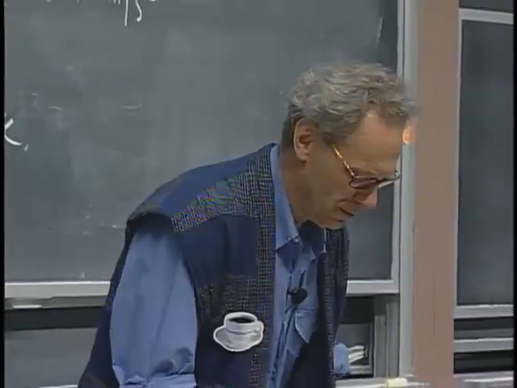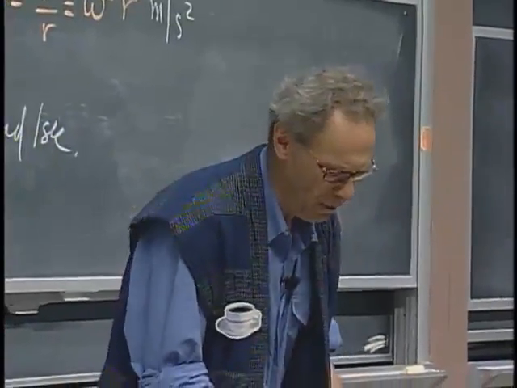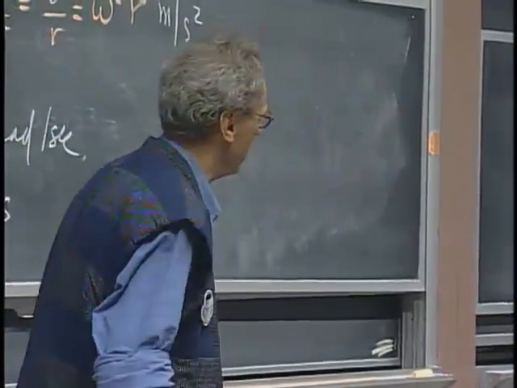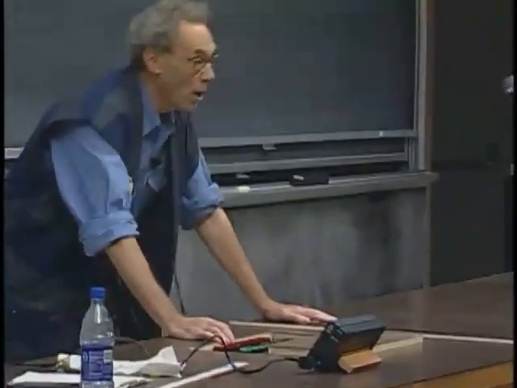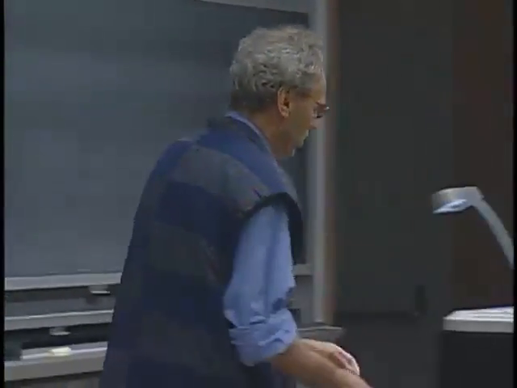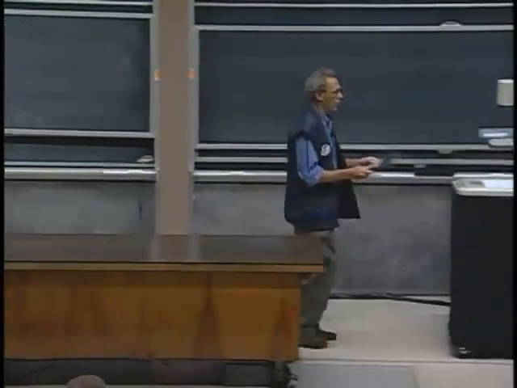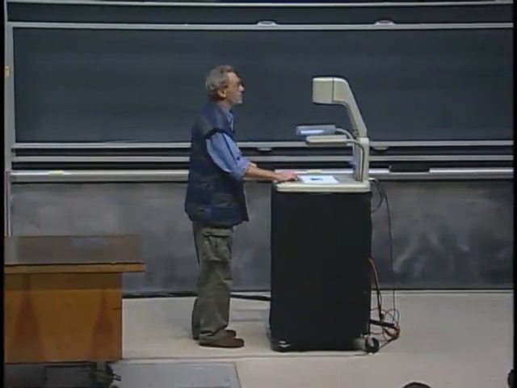I want to work out a specific example, and the example that I have chosen is the human centrifuge that is used by NASA in Houston for experiments on humans to see how they deal with strong accelerations.